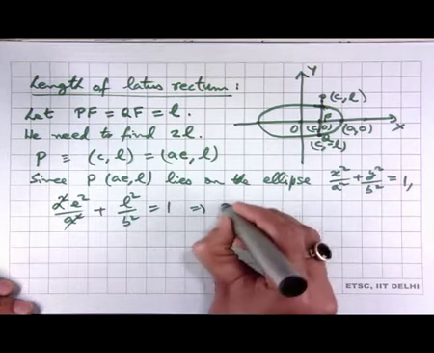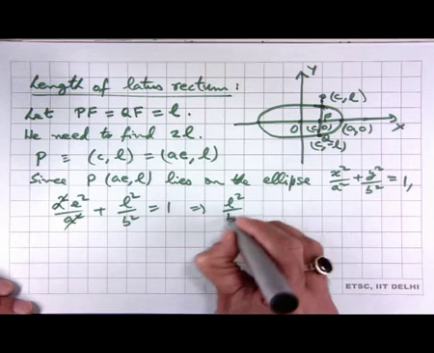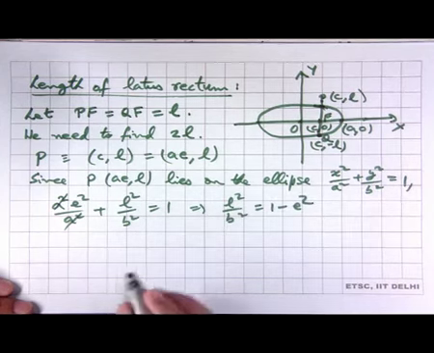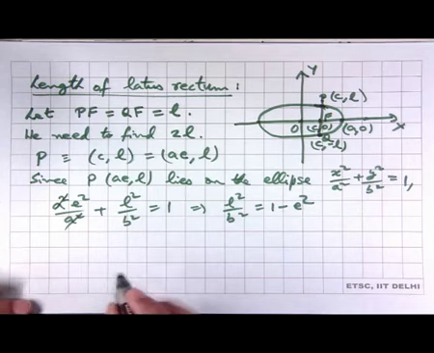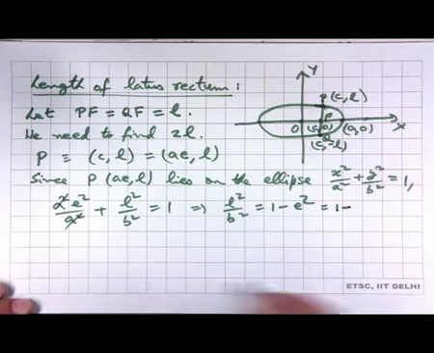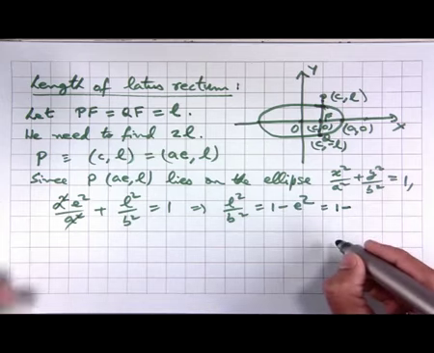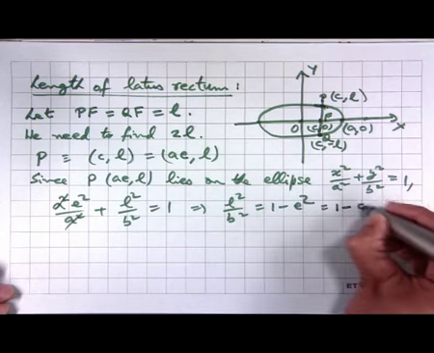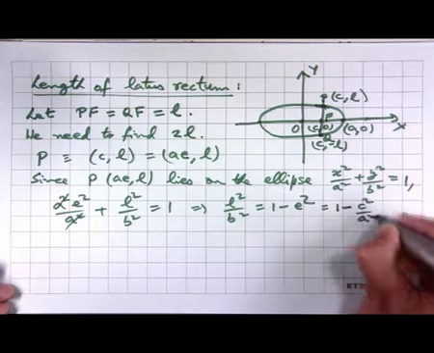So, this gives L square by b square equal to 1 minus e square, which is 1 minus c square by a square.